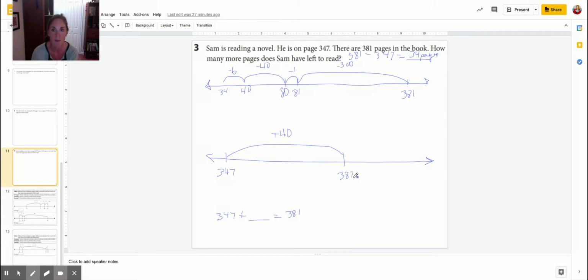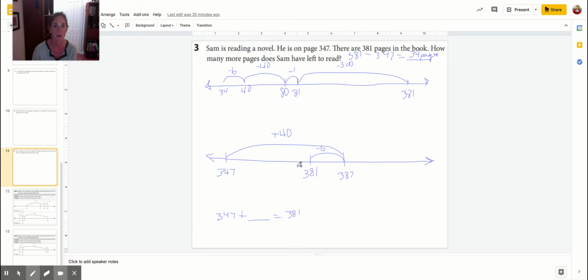387. Oops, we went a little bit over, but not much. What do we need to subtract to get 380? We should have been at 381. What's 7 minus what equals 1? Well, it's 6, right? So let's take 6 away because we jumped too far, right? We should have only ended up at 381.